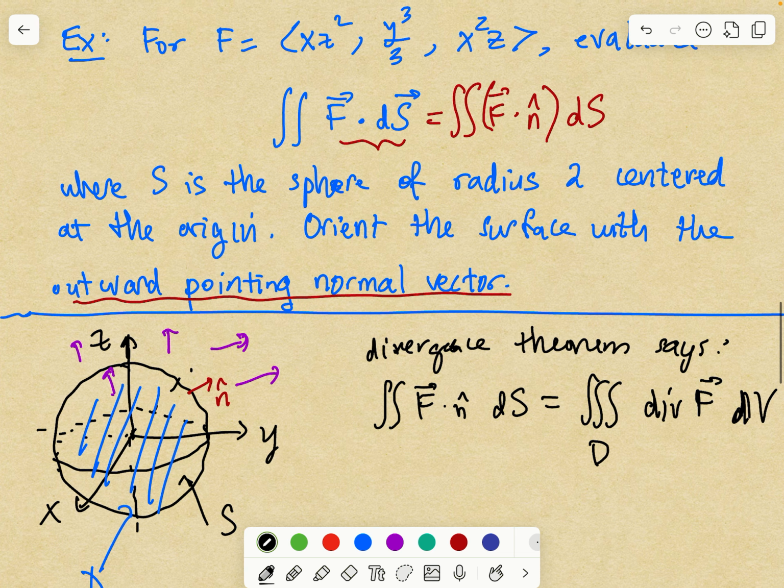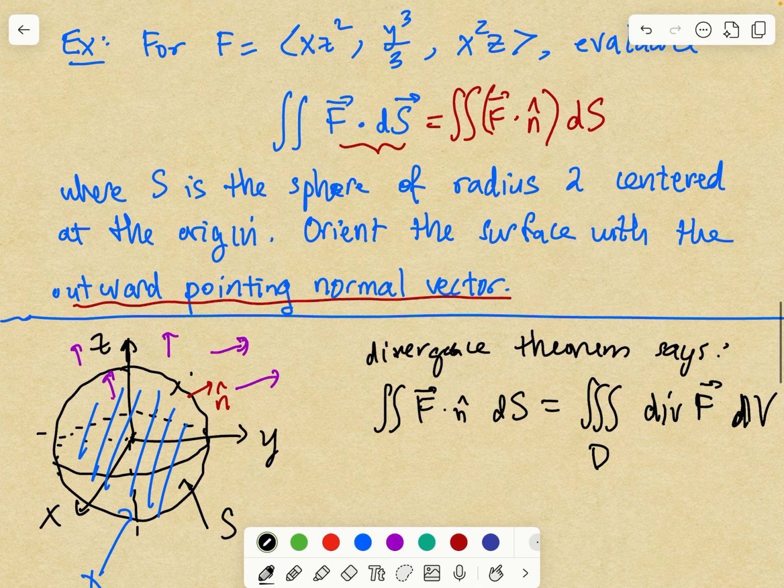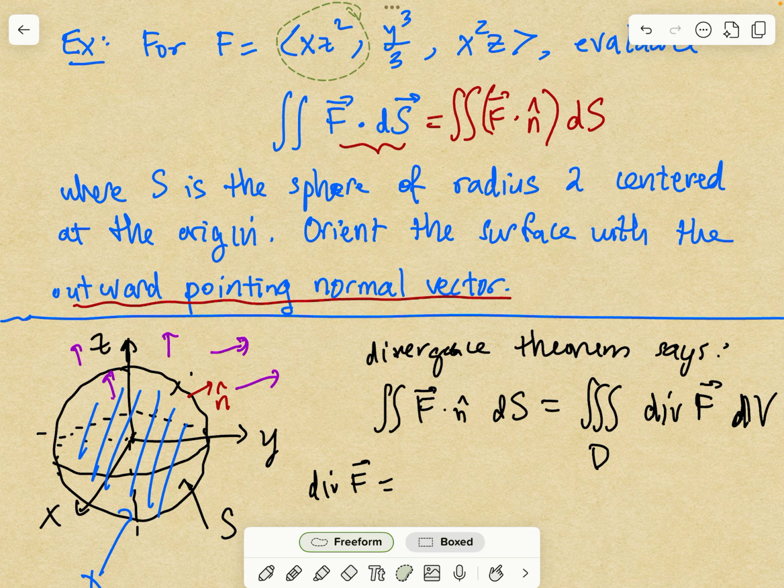So we need to find the divergence of F. We take the partial derivative of the first component with respect to x, and that's z². Then the partial derivative of the second component with respect to y.